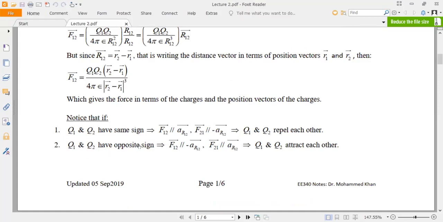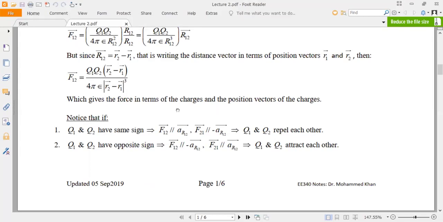But if Q1 and Q2 have opposite sign, then F12 will be parallel to minus aR12, so it will be coming towards Q1, and F21 will be parallel to aR12, because Q1 will be coming towards Q2 and aR12 is the unit vector going from Q1 to Q2. So this is what I have summarized here.